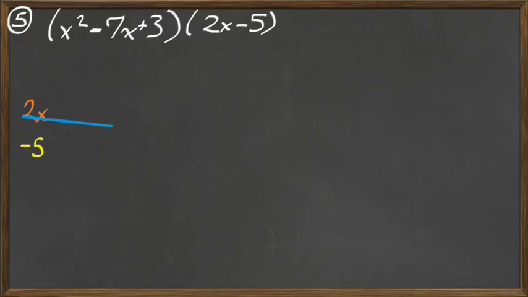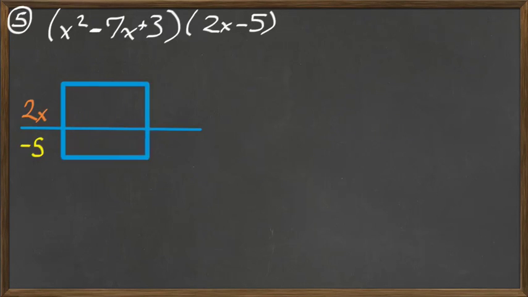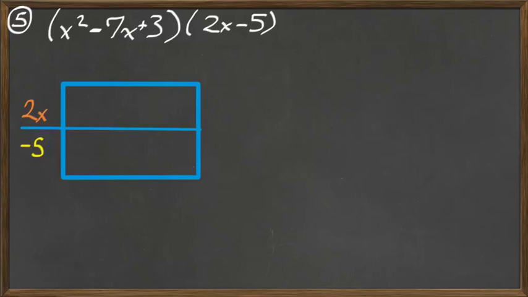This is just so you can see what we have, and then I'm going to go ahead and draw a box. And we're going to have 3 columns. And this is your x squared minus 7x plus 3.